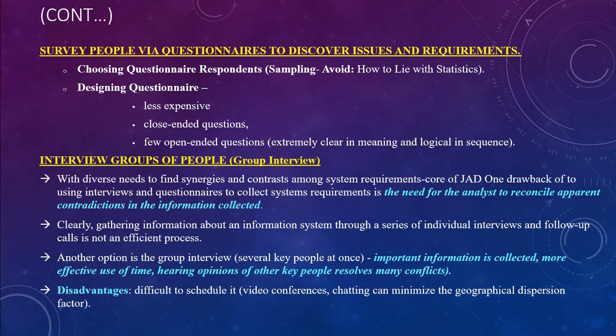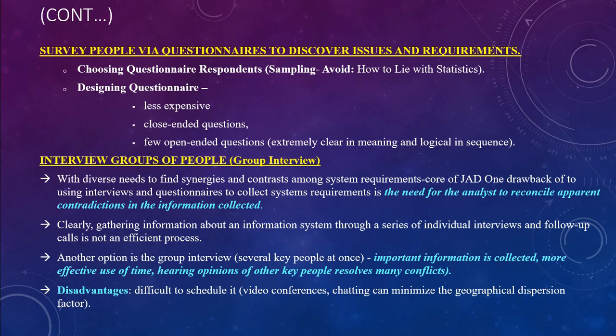Next, we have interviewing groups of people. It is also known as group interview. With diverse needs, to find synergies and contrasts among system requirements, or the core of JAD. One drawback of using interviews and questionnaires to collect system requirements is the need for the analyst to reconcile apparent contradictions in the information collected.